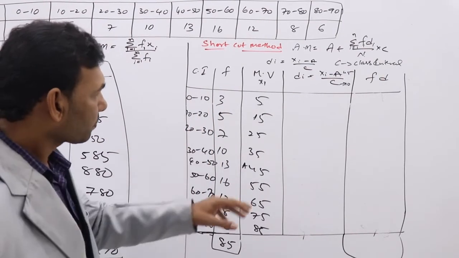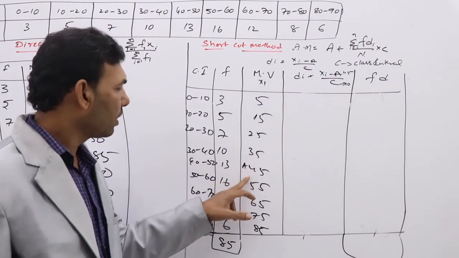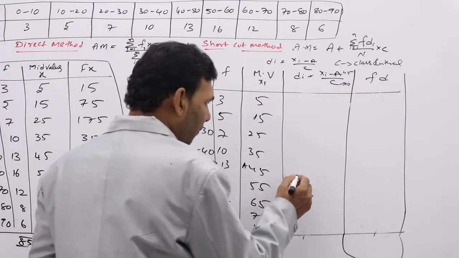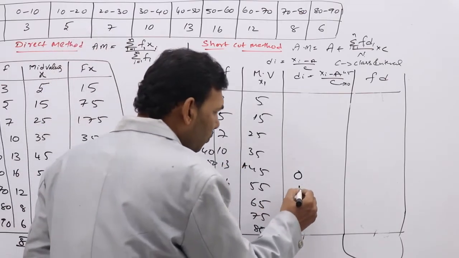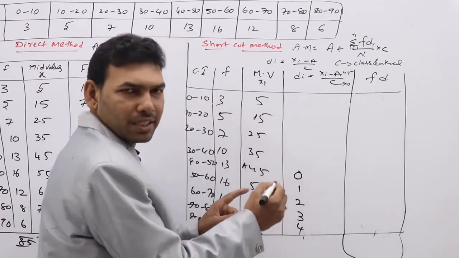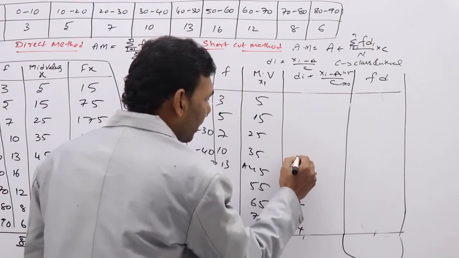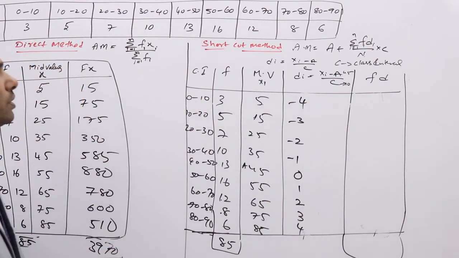But no need to calculate like that. We calculate di by assuming the mean is 45. Opposite to that value, it is 0. Under that value are positive values 1, 2, 3, 4. Above, you write the same values with negative signs: minus 1, minus 2, minus 3, minus 4.